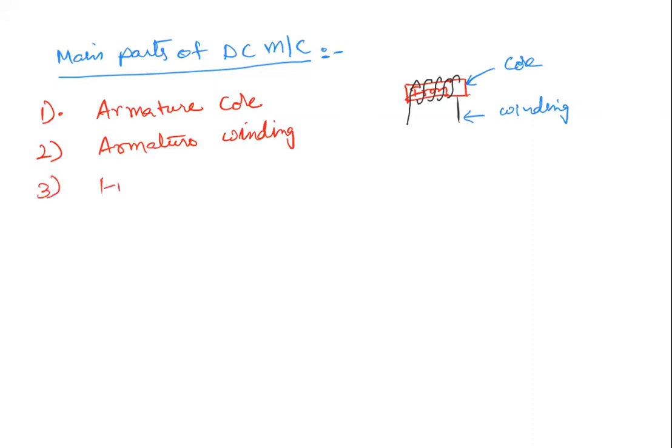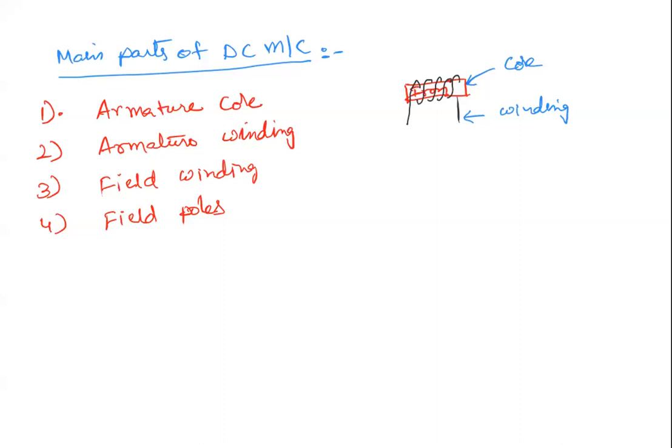field. Field will have its two components, two parts. That is field winding, and the fourth one, field poles. Okay. Field poles, right?